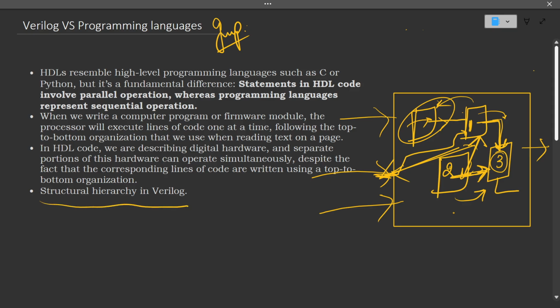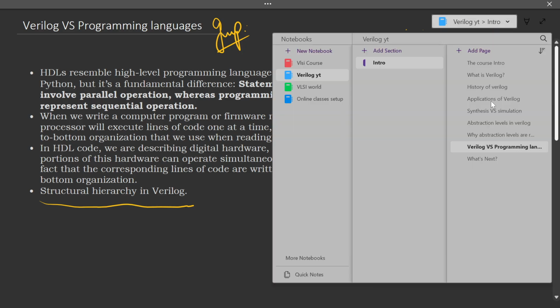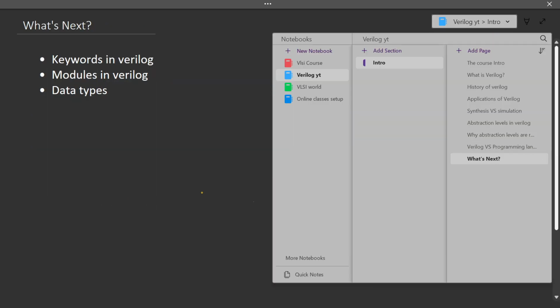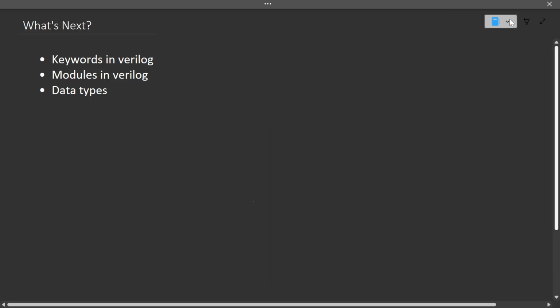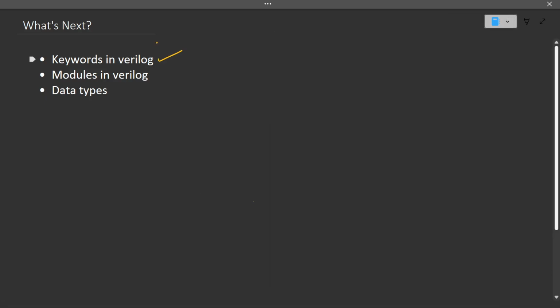The structure hierarchy in Verilog I have explained to you. So coming next, we will be starting with the keywords in Verilog. Then we will be moving to the modules in Verilog. This one is very important because everything in Verilog is being done or encapsulated in a module.